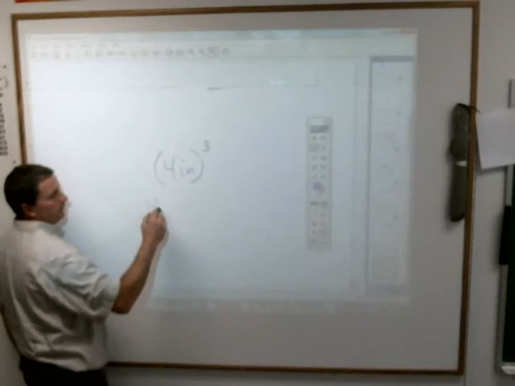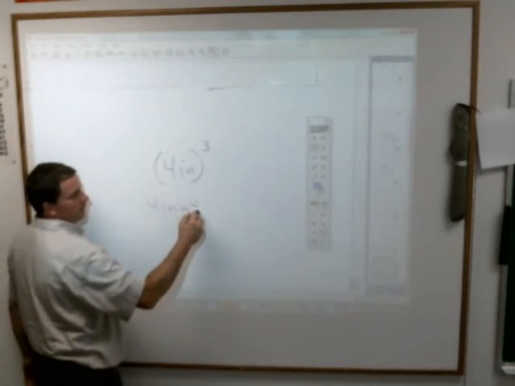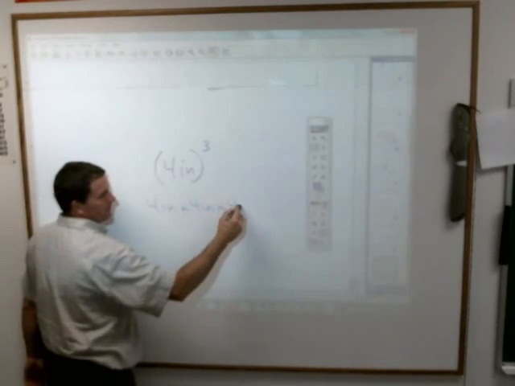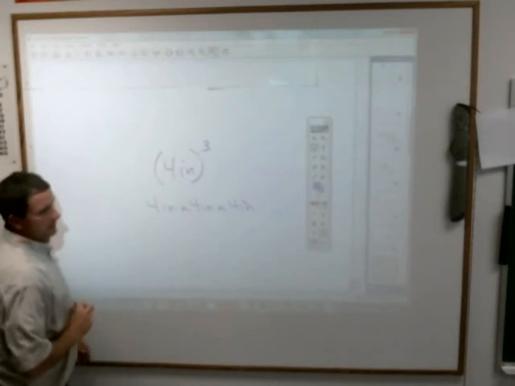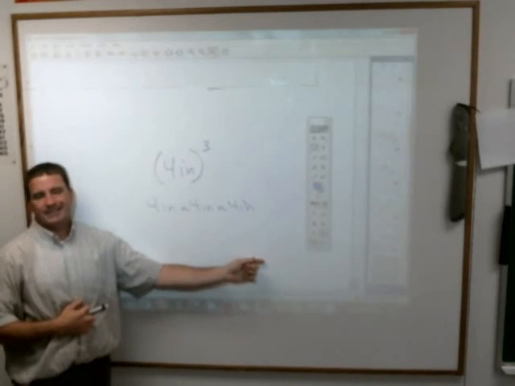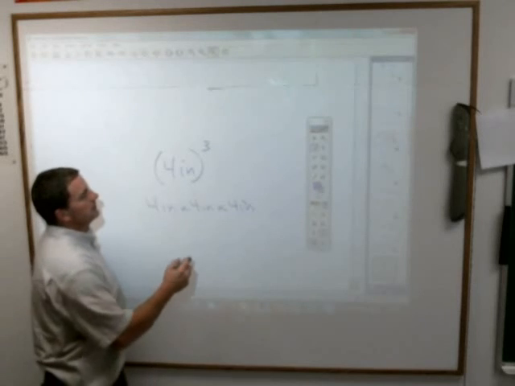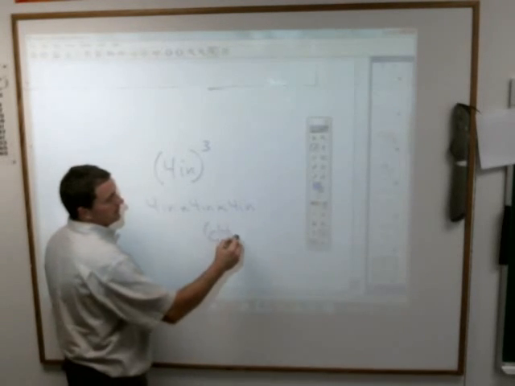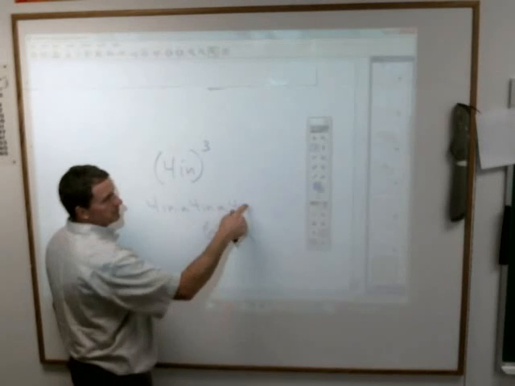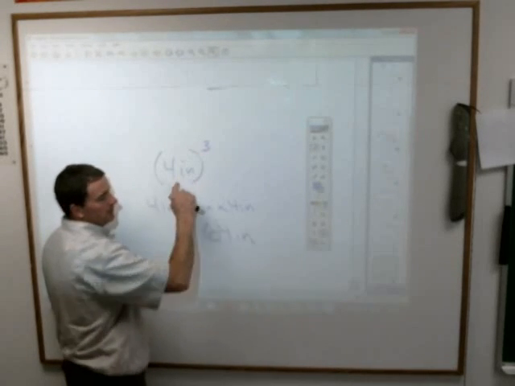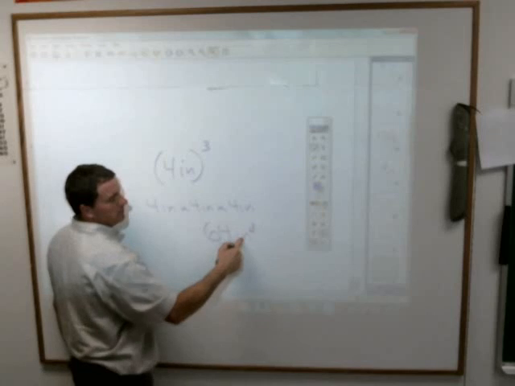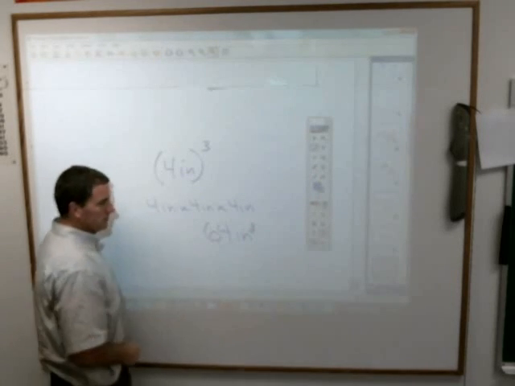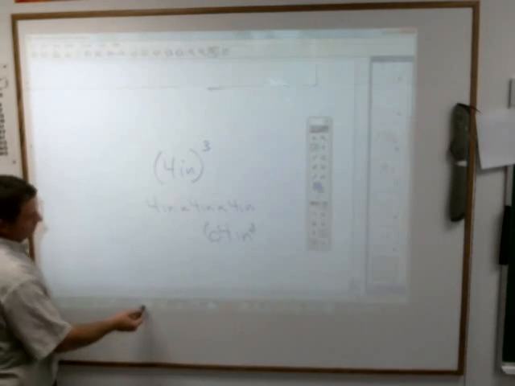It means this. 4 inches times 4 inches times 4 inches. And 4 times 4 times 4 is, Peter? 64. 64 what? Right. Do not forget that when there's labels that get cubed, they have to get cubed too. So that's why 64 inches cubed is your answer.